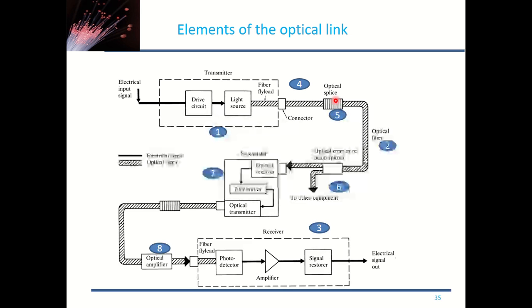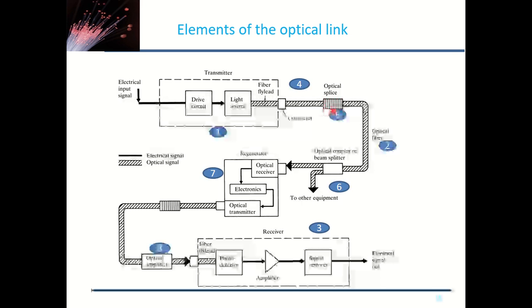The optical connector is a device which makes the joint of transmitter and fiber or receiver and fiber, while the optical splice is a device which can make a joint of two fibers. The function is the same, but the input and output of connector and splice is different. The splice is an important element which can be used to implement a long distance optical link. When the distance is in thousands of kilometers, it is necessary to join two fibers.